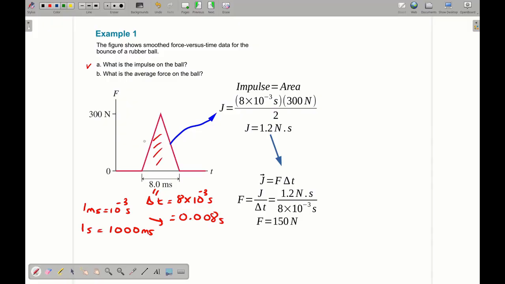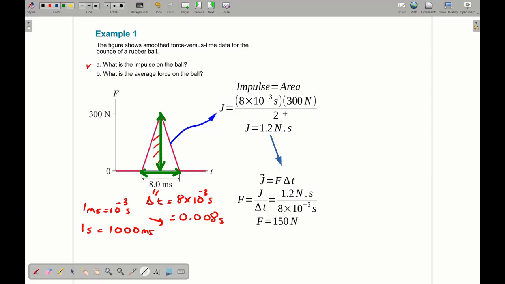The area of a triangle is found from the base, which would be the time here. Let me draw a straight line here. Base, which will be the time here, times height, which will be the force here, divided by 2. This is just a simple review. So my base is 8 times 10 to the minus 3 seconds.